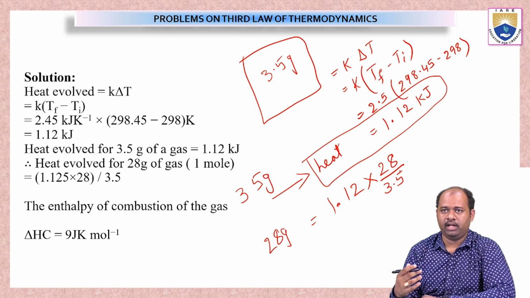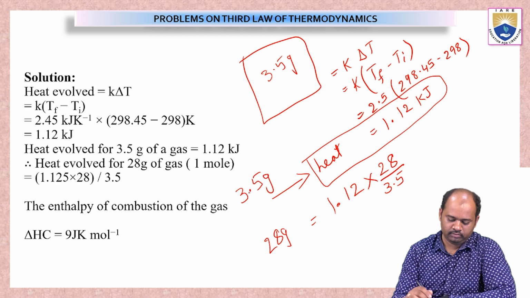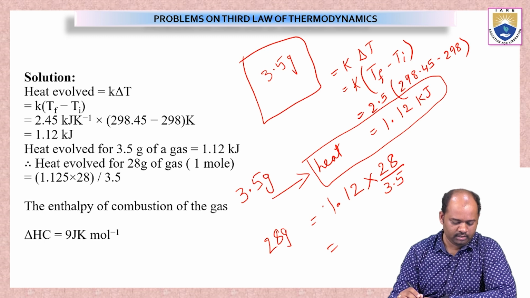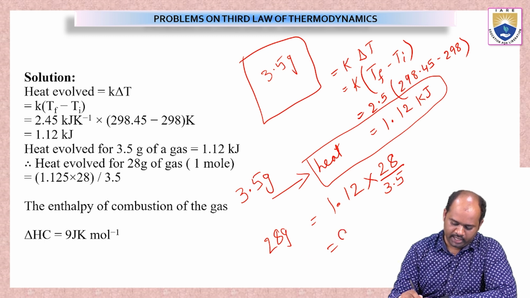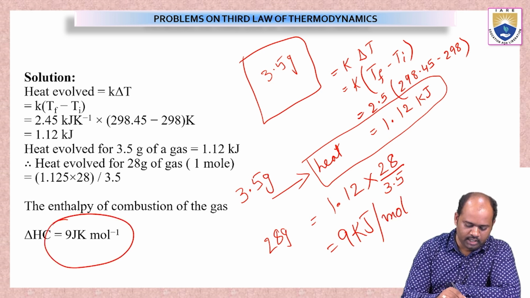Initially I have the value for 3.5 grams. Now here we are going to calculate the value for 28 grams. Here the final value is 9 kilojoules per mole. So this is the final answer.